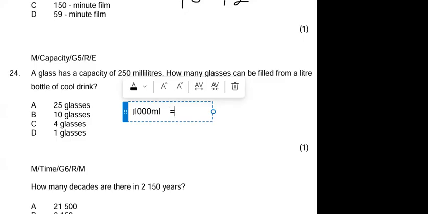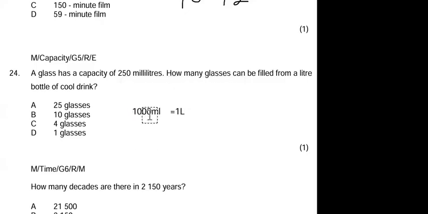So all we have to do is divide this 1000 by 250. That would give us 4. So it's 4 glasses. All right. Let's move on to this one now.